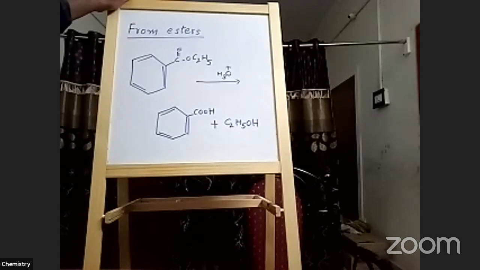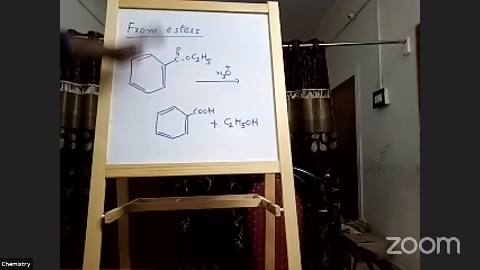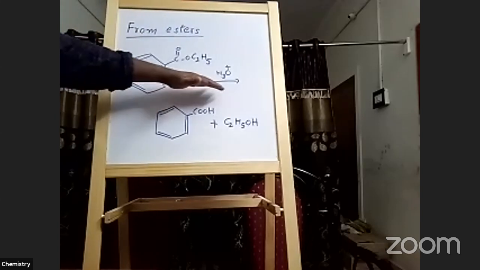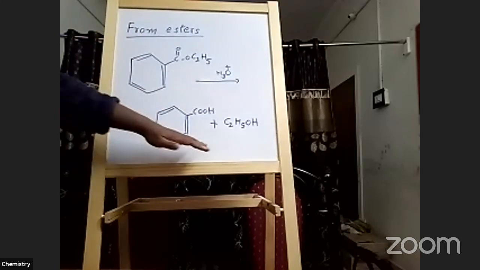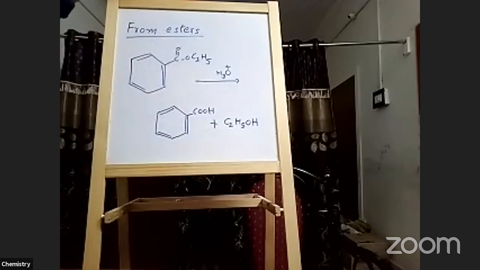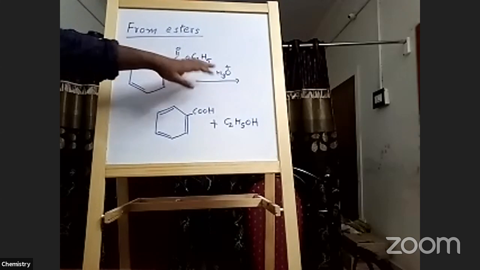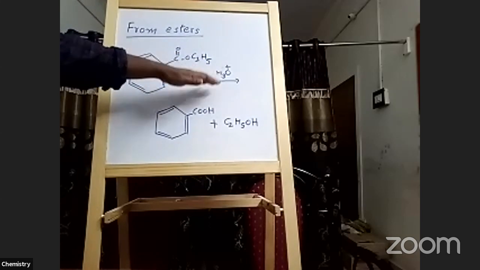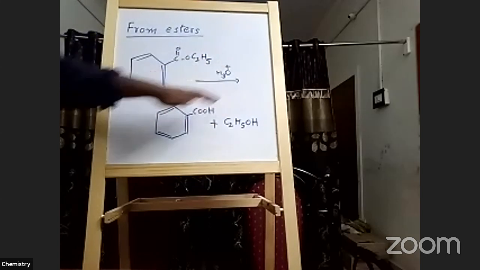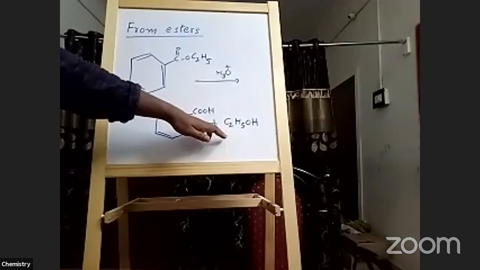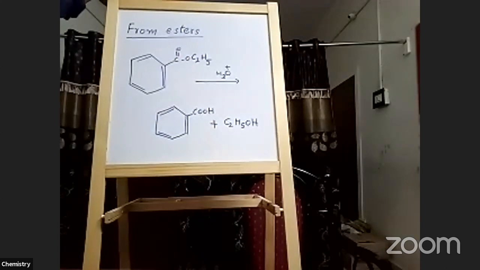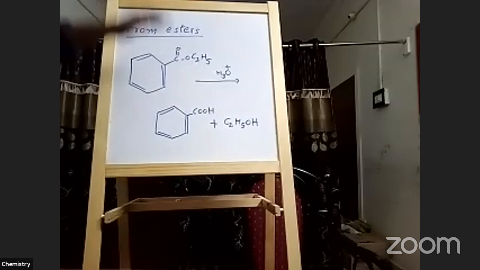Okay. If you want to write the matter, you can write down. Esters are reacting with water or hydrolysis. They are producing directly carboxylic acids. On base, if you take any base, OH, they are producing carboxylate ions. Then after further hydrolysis, they are producing carboxylic acids.